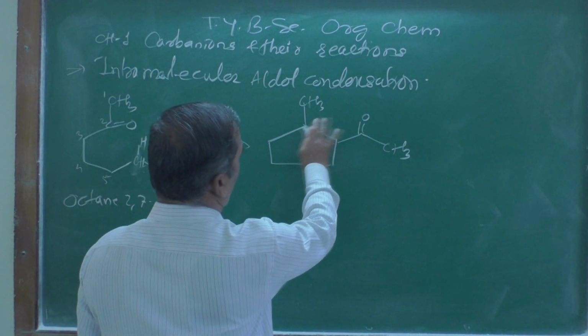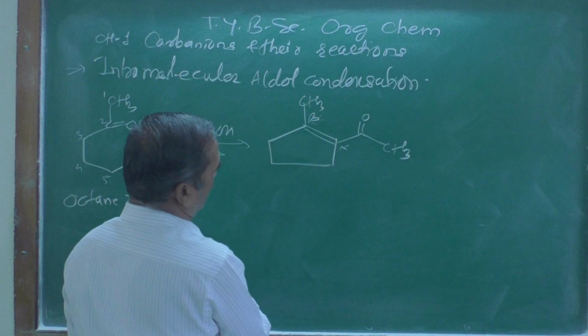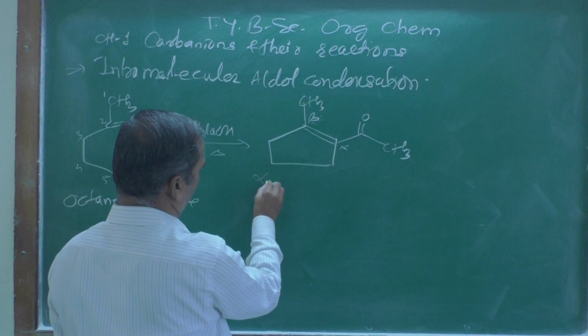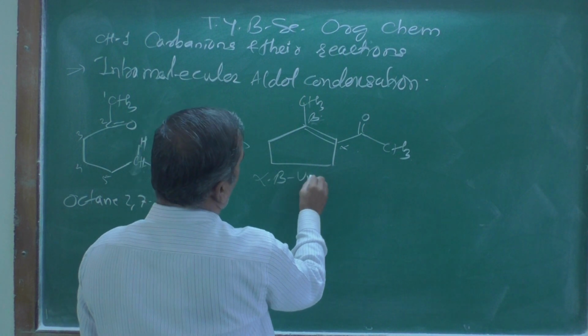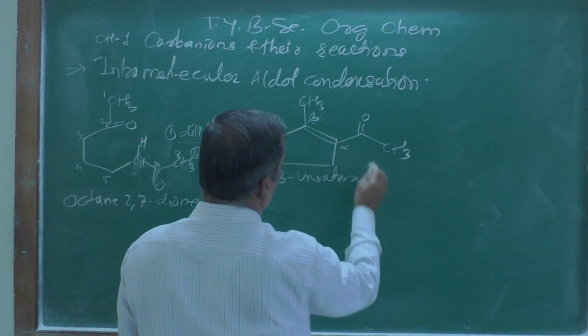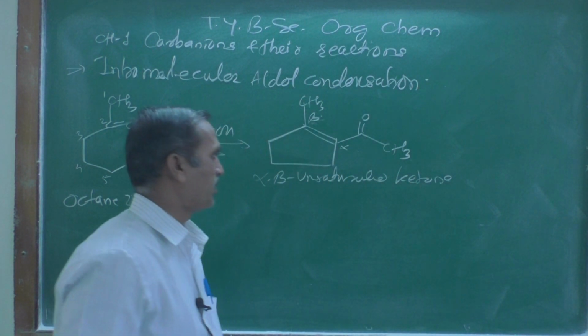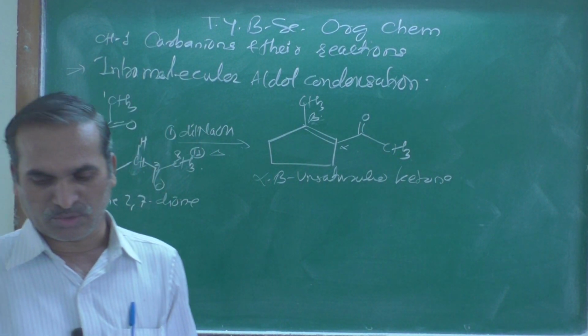This should be alpha, this will be beta. So we are getting an alpha beta unsaturated ketone.